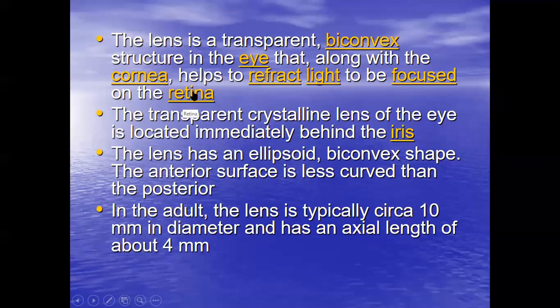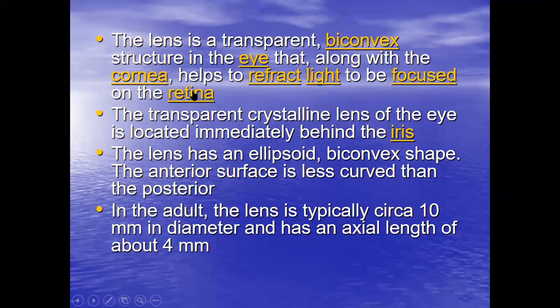Its refractive power is more than the cornea, but corneal refraction is always greater than lenticular refraction. This means the light rays which enter the eye refract more at the cornea as compared to the lens. This is because of the difference in refractive index between the air and the cornea, which is greater than the refractive index difference between the aqueous humor and the lens.